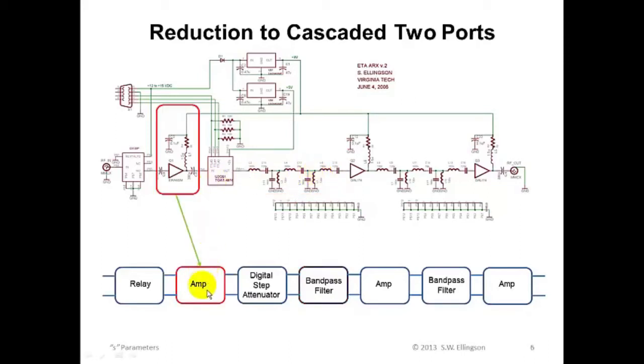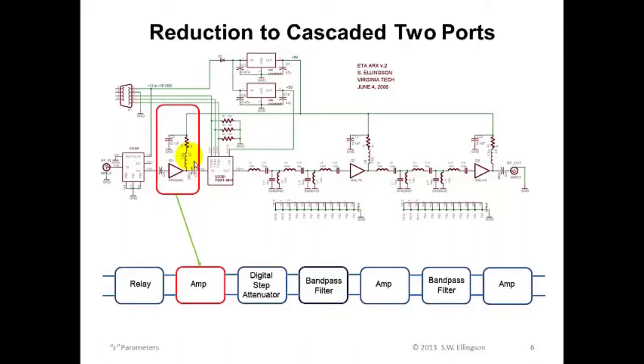The amplifier two-port highlighted here consists of an active device, in this case a monolithic microwave integrated circuit, which is abbreviated MMIC or sometimes spoken MIMIC. Plus some additional components which are needed to apply a direct current to power the device and additional components to isolate the power supply from RF signals and so on.